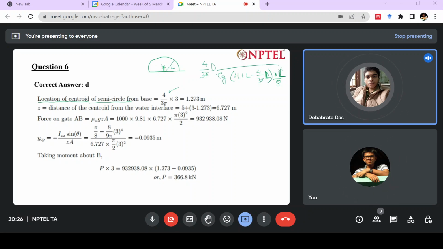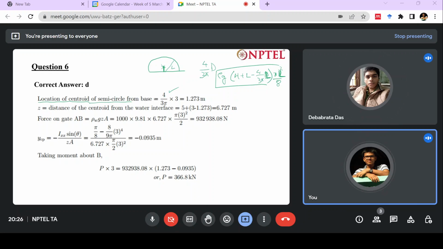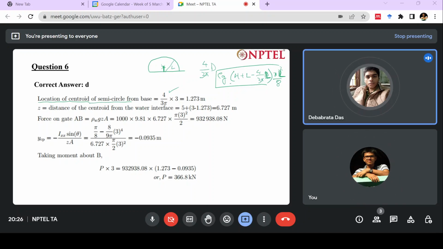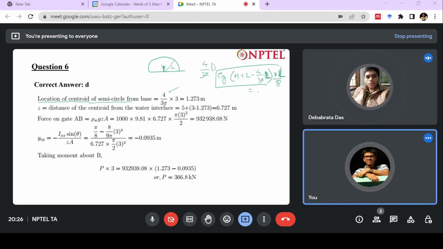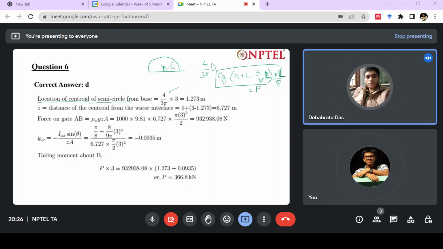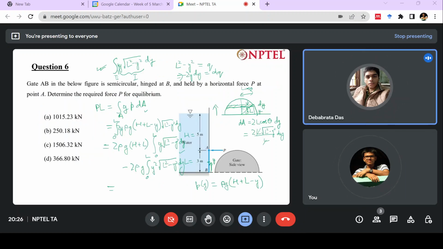Yes, sir. If you know this formula, the centroid of the semicircle from base, then you will know the force acting on this. So this is equal to F. Now, from there you can easily find out this relation.